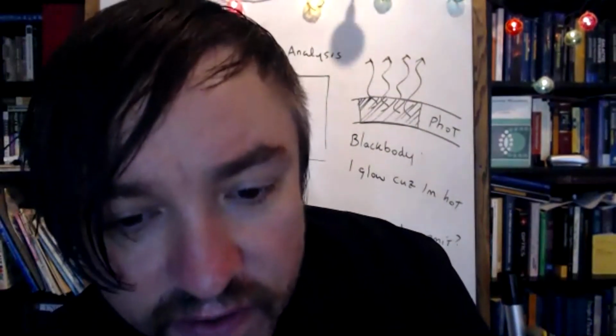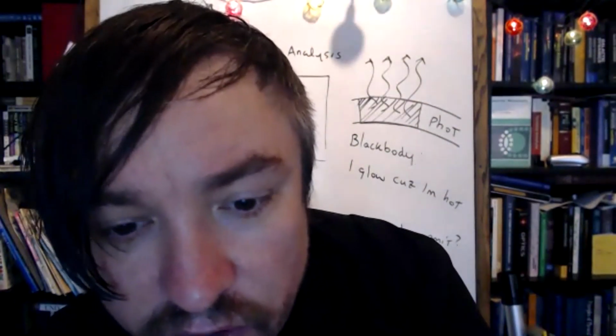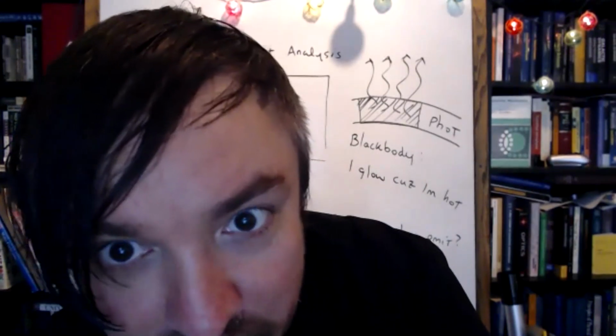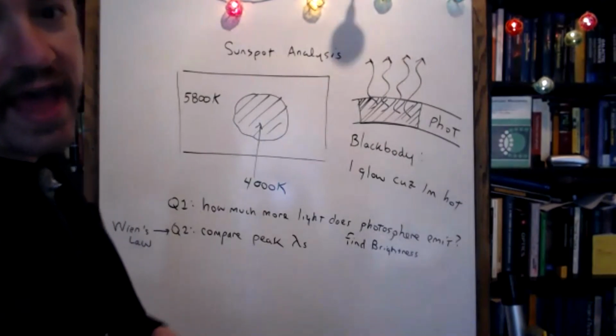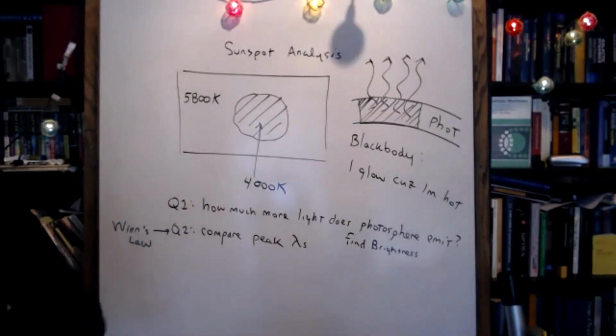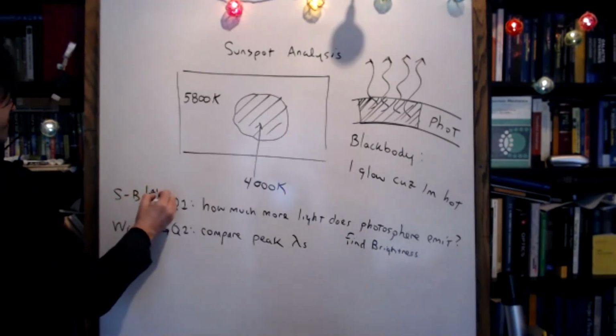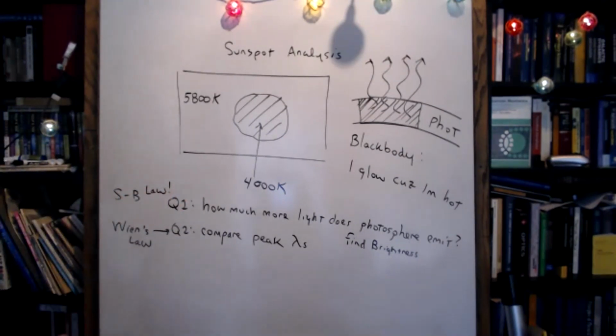You're going to have to be able to pick a formula based on the question. There's only a couple of formulas that involve brightness, B. Boltzmann. Yeah, Emily. Very good, Emily. This is the Stefan Boltzmann law. Very good.